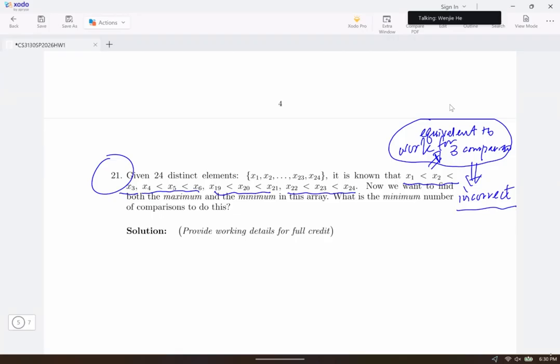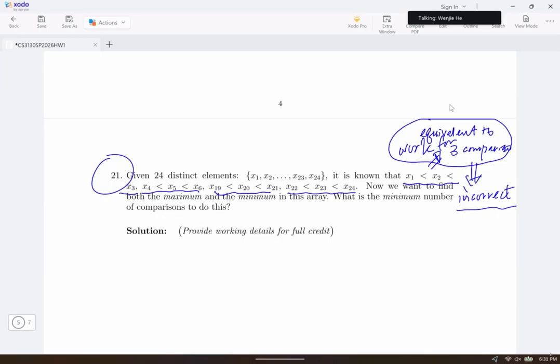The information you get from this 3-element chain is slightly less than 3 comparisons. With 3 comparisons, we can do a little more than this. Slightly less, so not equivalent, okay?